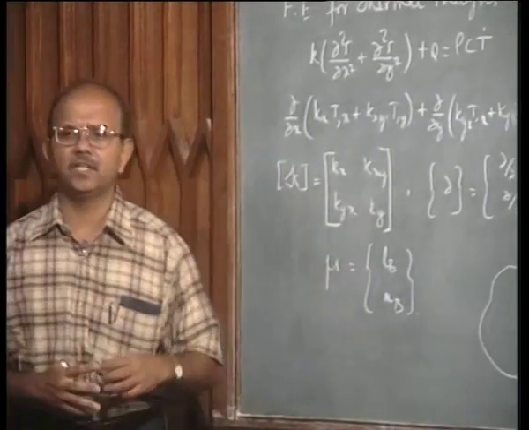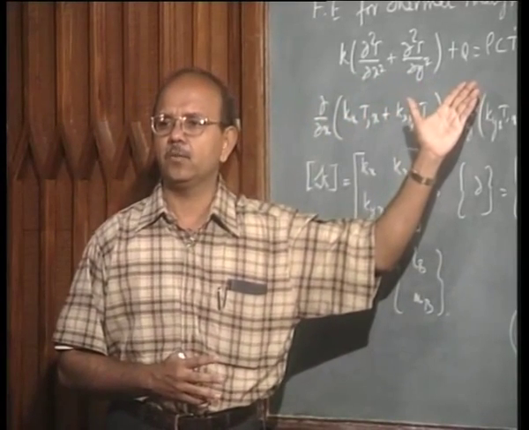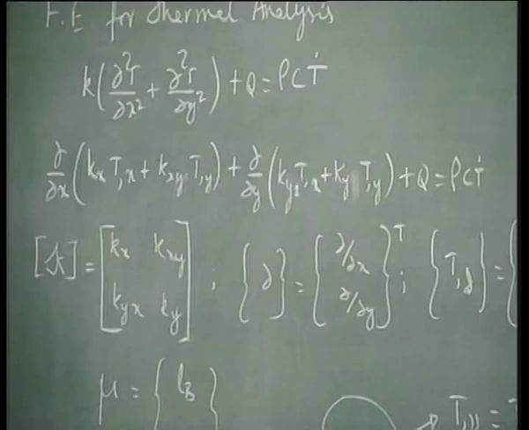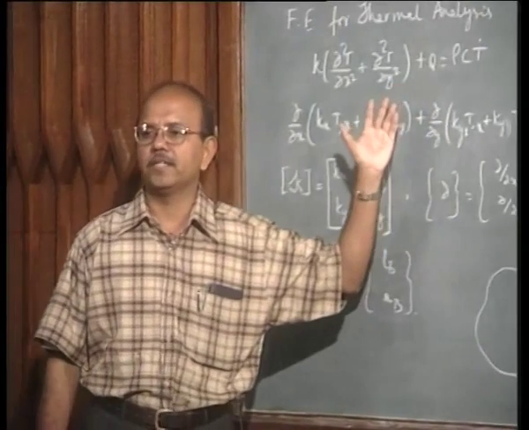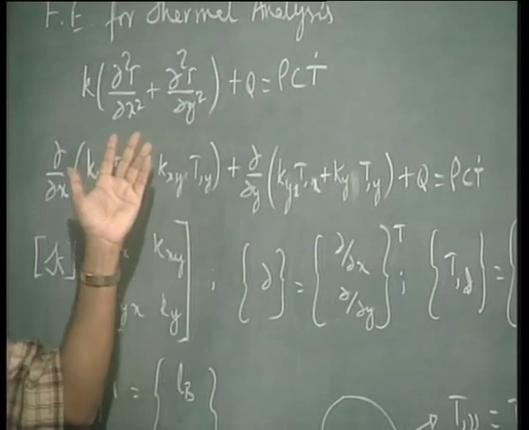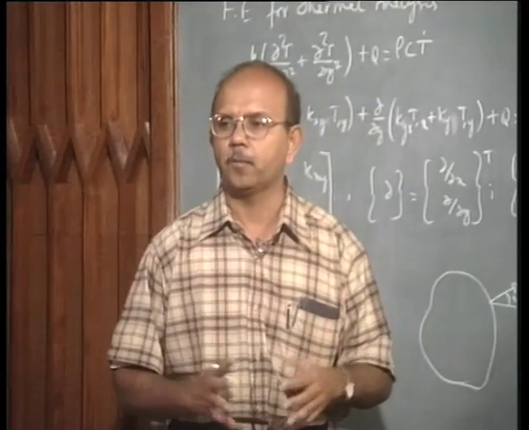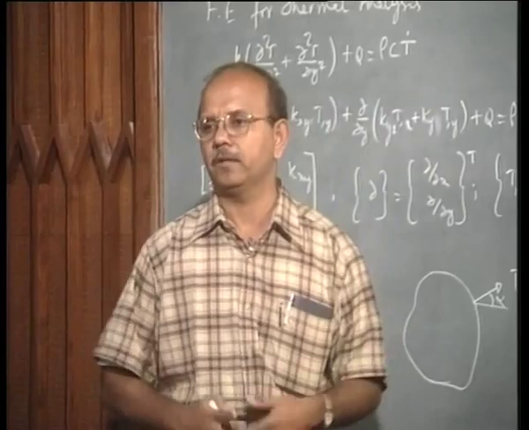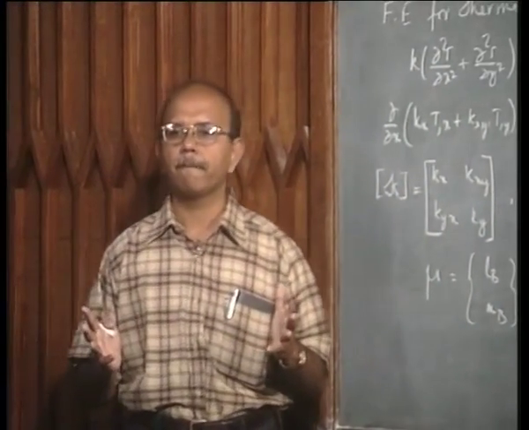This is a specific equation, and it can be generalized a bit. What do I mean by generalization? Now K here has been assumed to be isotropic, the same in all directions.